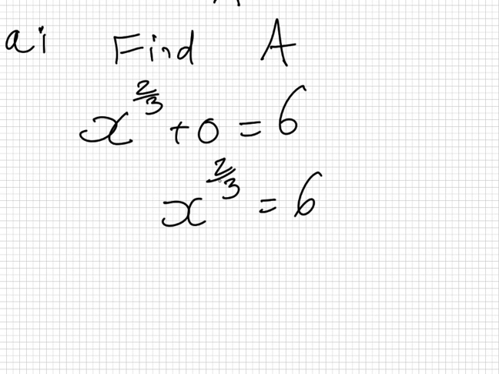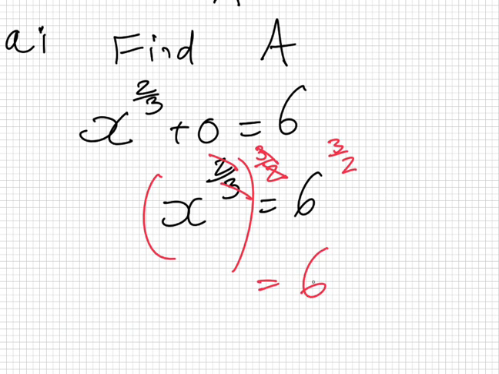How do I cancel the 2 over 3 here? Log would do it, but there's a nicer way: you put on both sides the power 3 over 2. So we get this as the answer.